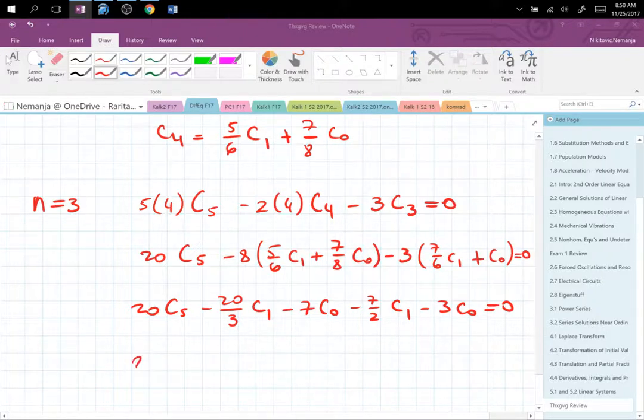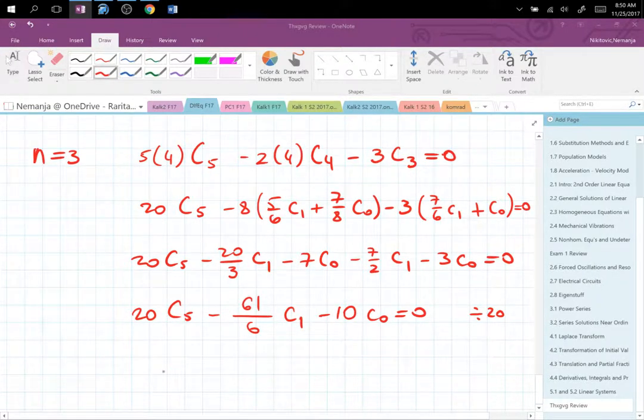20 c5, combine c1s. Oh great, we need a common denominator there. It's going to be a 6, so that's a 40, and then 21. Is that negative 61 over 6 c1? Let's say it's good. Minus 10 c0. I'm going to divide by 20 to get c5 alone.